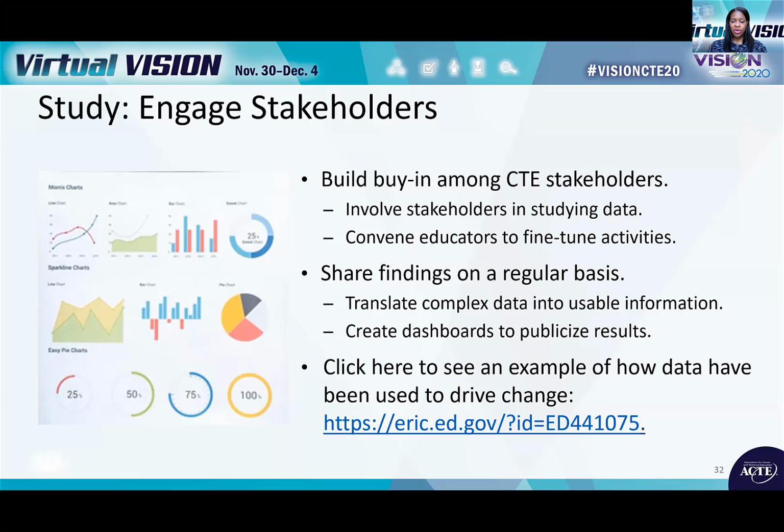You don't want to overcomplicate the information. So instead of sharing a table or stats, you might consider figures or charts or infographics of some form to share and publicize the results. You'll see on this slide there's a link to an article that can really help you see an example of how data have been used to drive change. And you'll see the way in which it was communicated to those stakeholders.